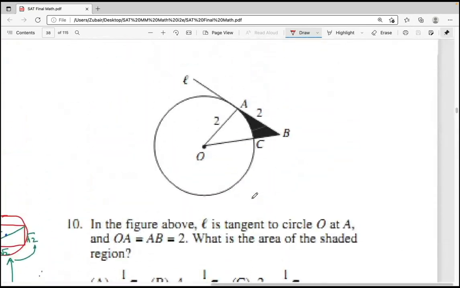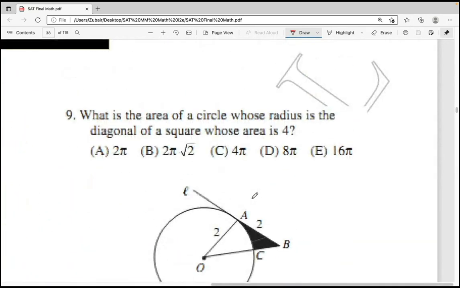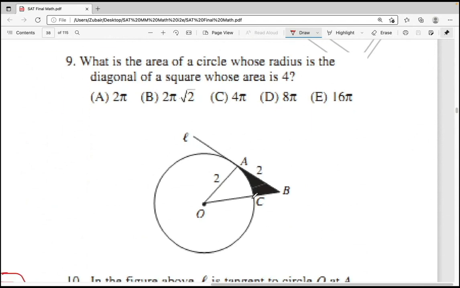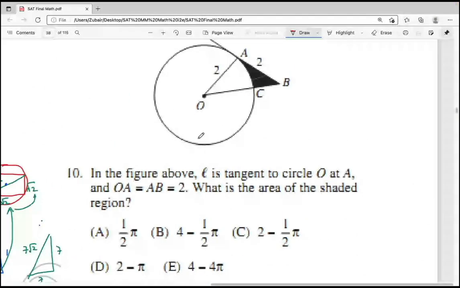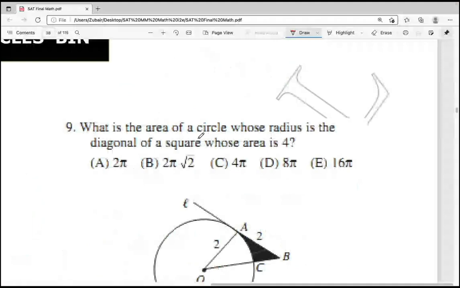9, if not already done. I think we did this question already. This is the ninth. Yeah, we've done it.